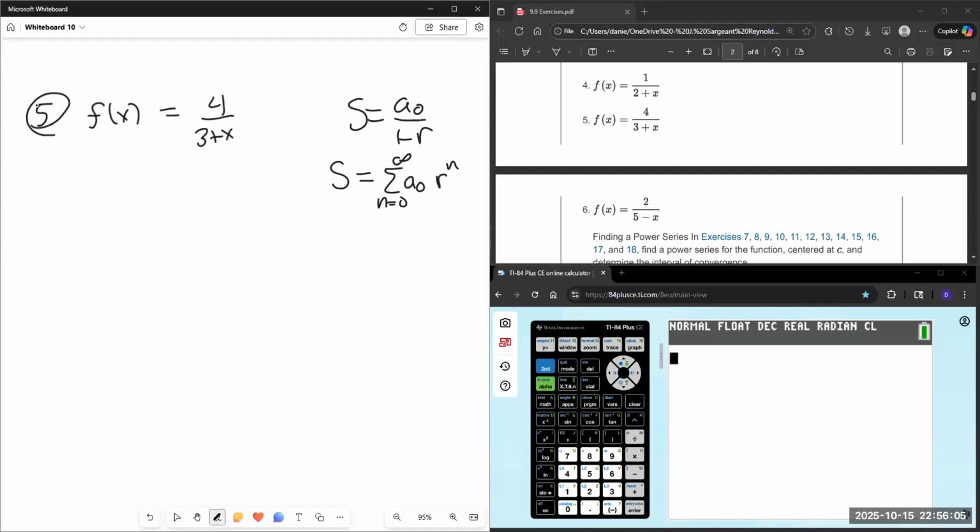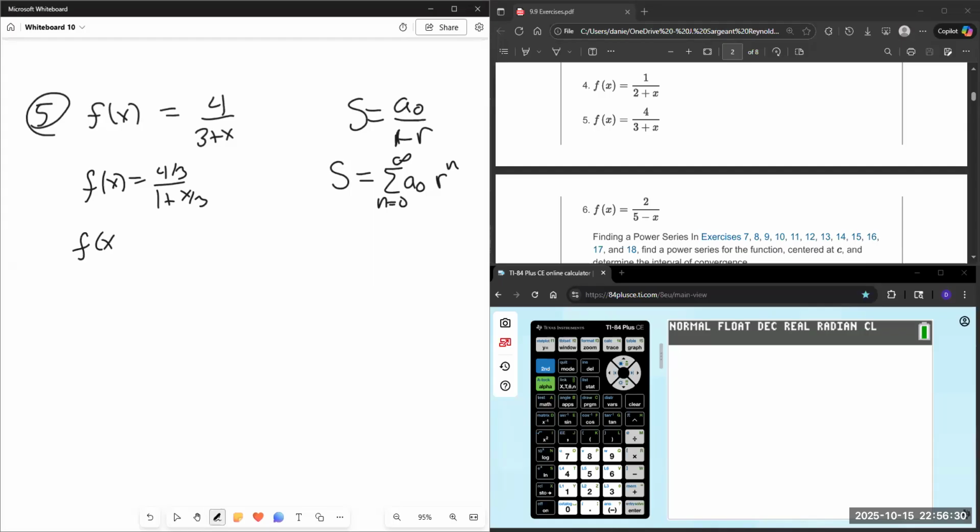If it's written as a rational function like this, let's try and make it match that. So I need to make sure that there's always a 1 here in the formula. So I'm going to divide everything by 3. f of x is 4/3 over 1 plus x over 3. And now I need to write this so that it's minus something.